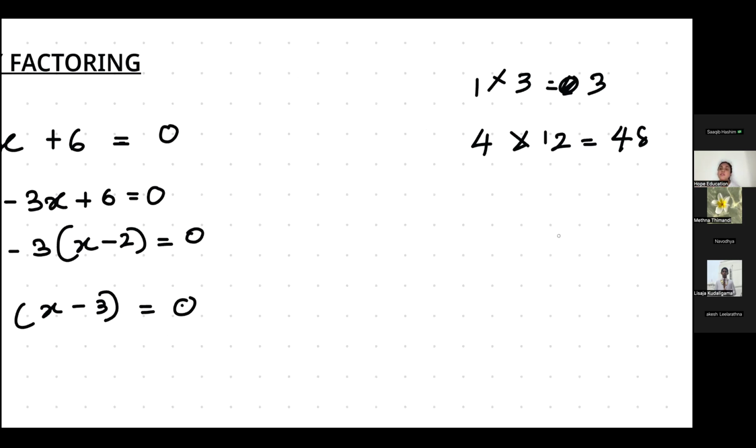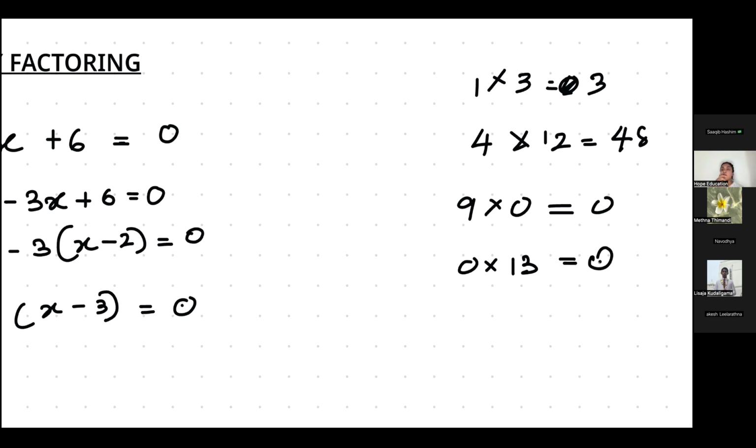But then again, it can be 0. Now, for an example, let's say 9 multiplied by 0. What is the answer? 0. Then 0 multiplied by 13. What is the answer? 0.